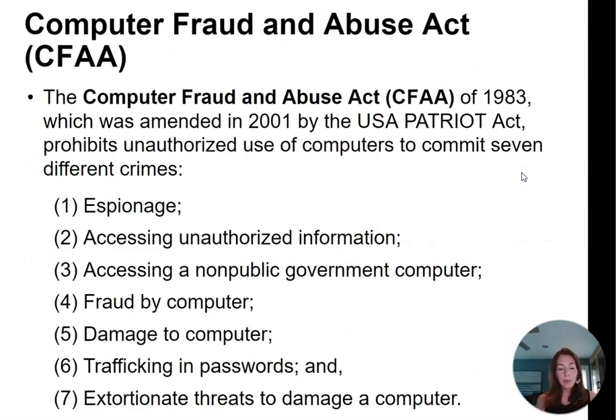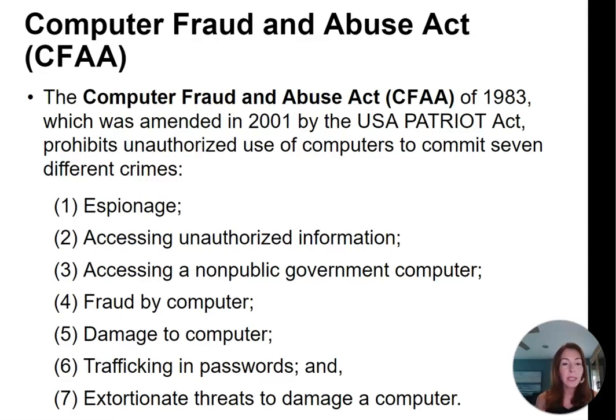All right, so now just be aware that there is this Computer Fraud and Abuse Act, and it was created in 1983. It was amended in 2001, and it makes it a federal crime to access a protected computer without proper authorization. So there are a number of different kinds of crimes that fall within the Computer Fraud and Abuse Act.